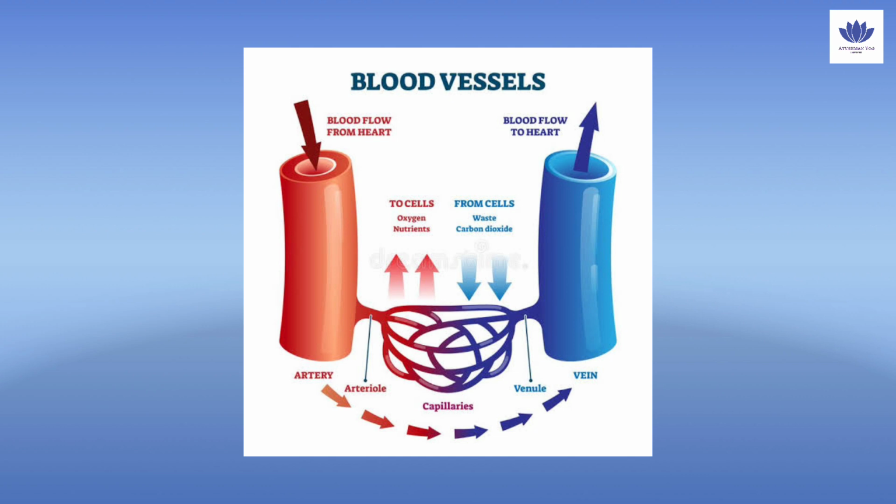Arterial capillaries are connected to the venous capillaries. So what happens is that the arterial side of the capillary drops off the oxygen and nutrients to the body cells. The venous side of the capillary picks up the metabolic waste from the body cells. Together they form a network connecting arteries and veins, completing the closed circulatory circuit.